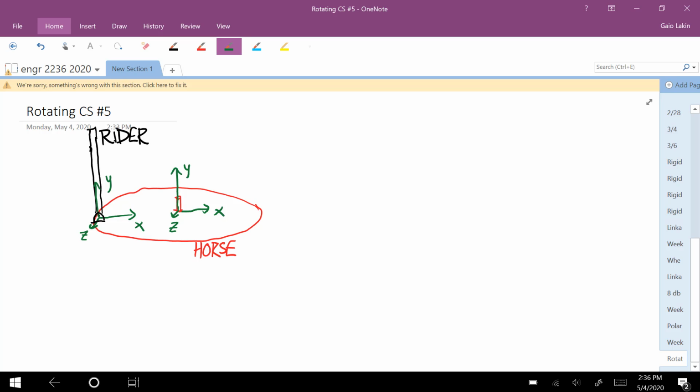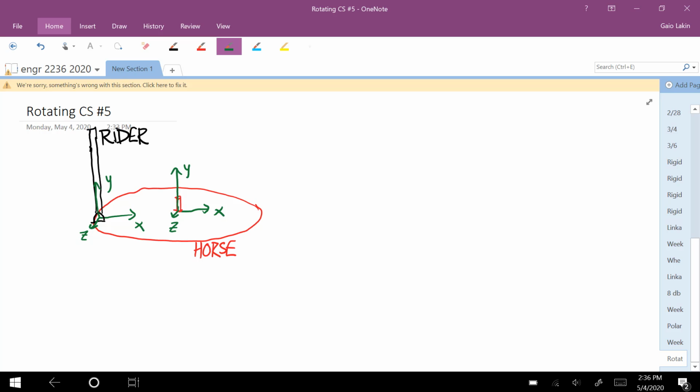The reason for that is, notice that if our coordinate system is at the center of the disk, even though that coordinate system is rotating with the disk, the origin isn't moving around. The origin is fixed. There's no acceleration of that origin, and so we don't have to use relative motion for that.